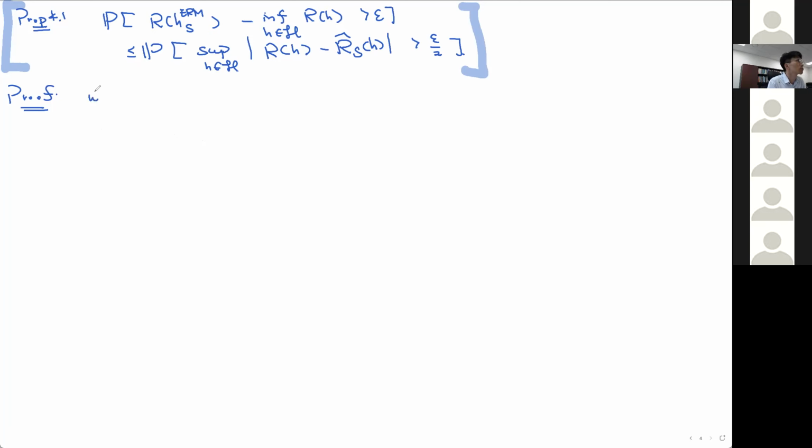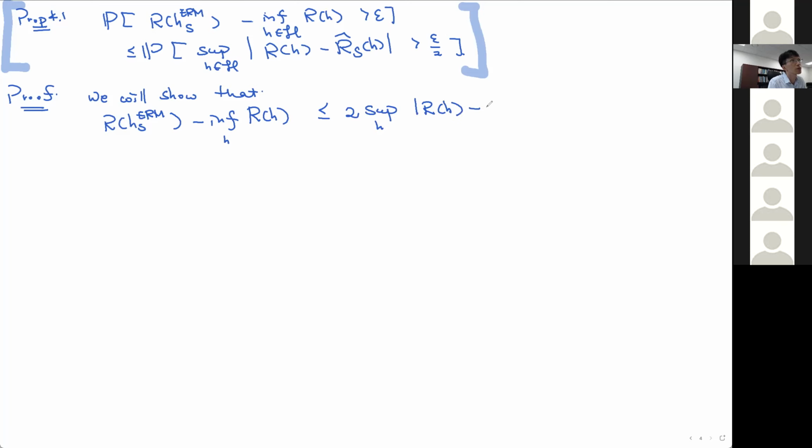So we will show that the R of h sub S ERM minus it's going to be bounded by 2 times sup over h in H. So we will show this.